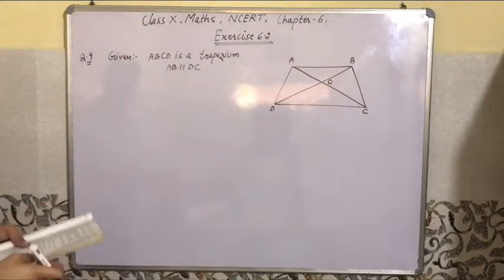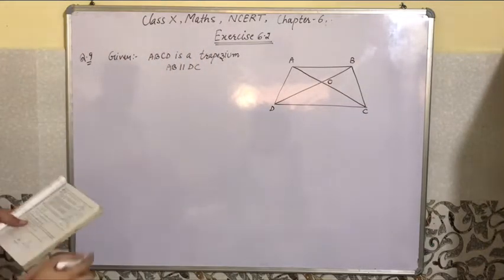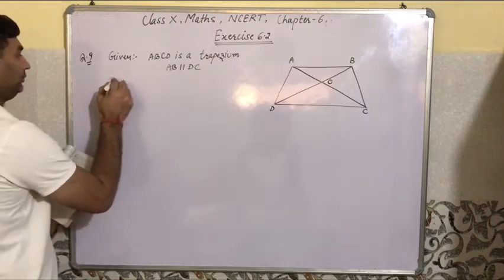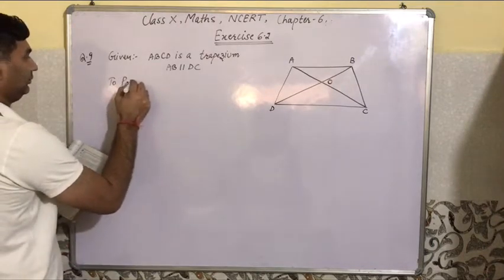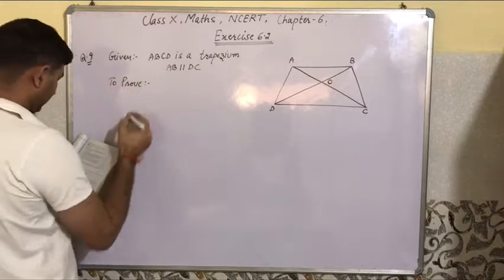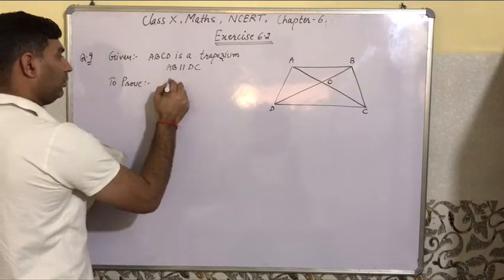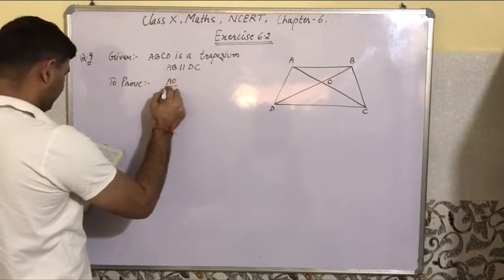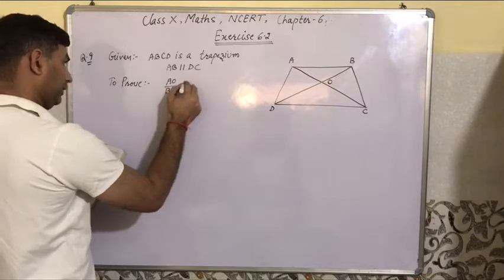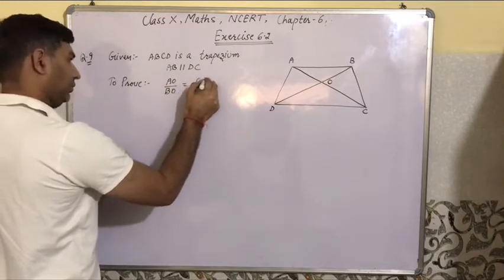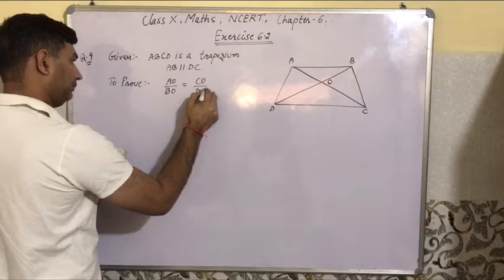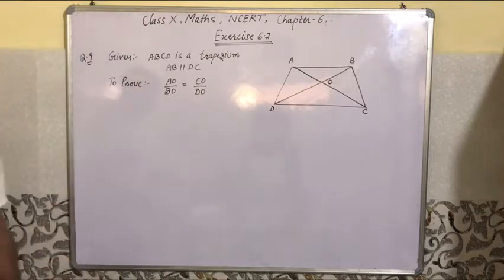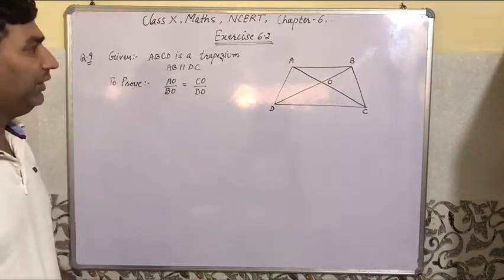Both sides are parallel. Then to prove AO upon BO is equal to CO upon DO. We can prove these sides AO upon BO, CO upon DO.